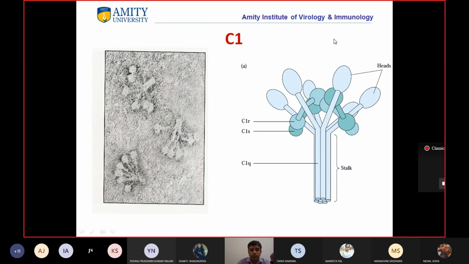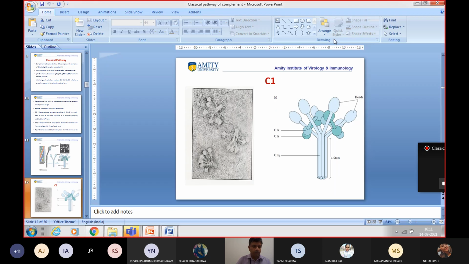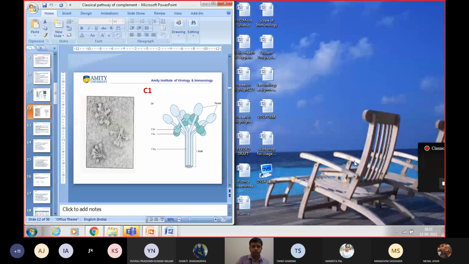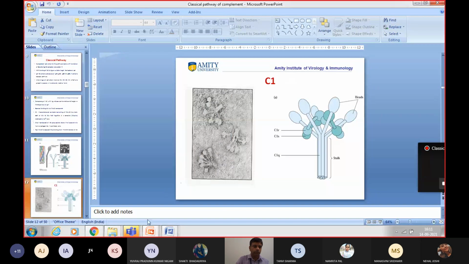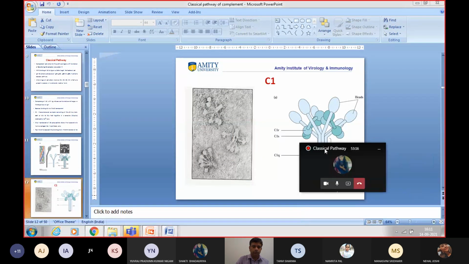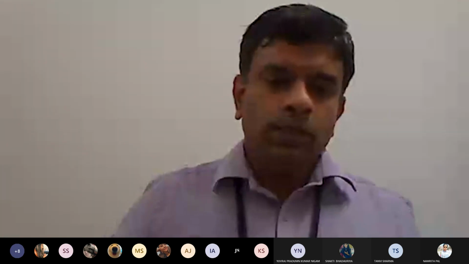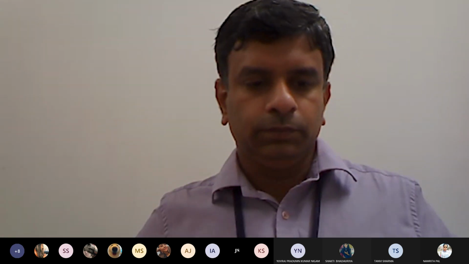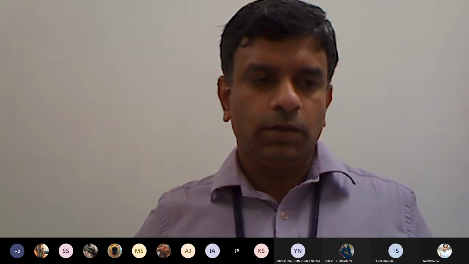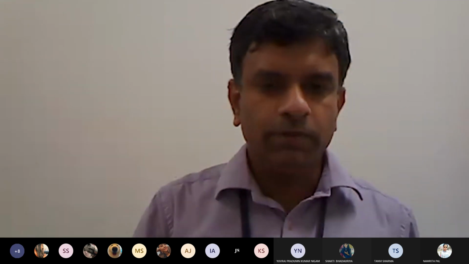My next question is, which part of the antibody? Antibody is a big structure. It has so many domains. Which part of the antibody will the heads bind to? Let me be more specific.